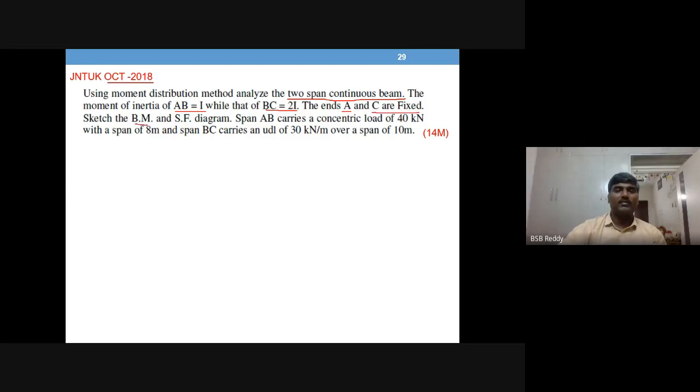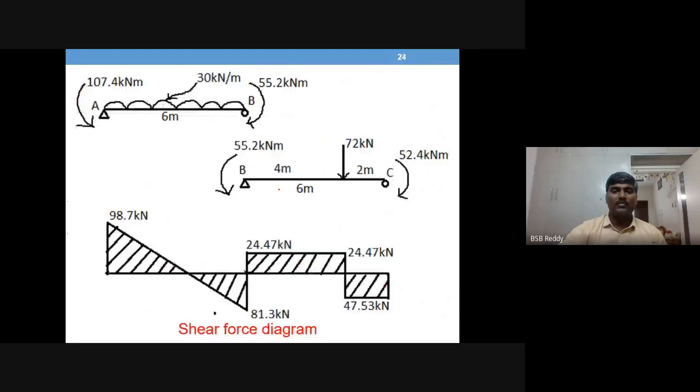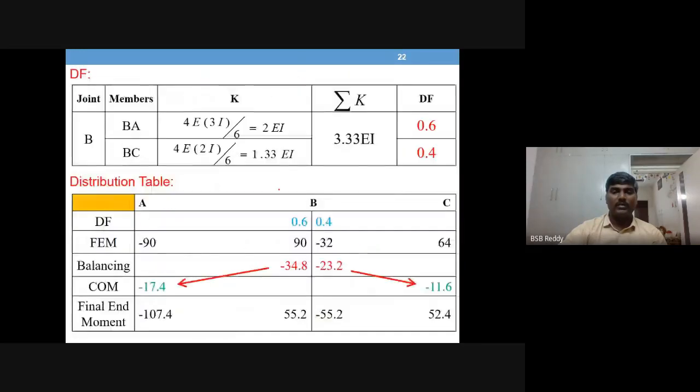Sketch bending moment and shear force diagrams. Span AB concentrated load 40 kilonewton at center, span 8 meters, and span BC carries 30 kilonewton per meter, span of BC 10 meters. Solve this one, which is very similar to the first example that we have been solving.